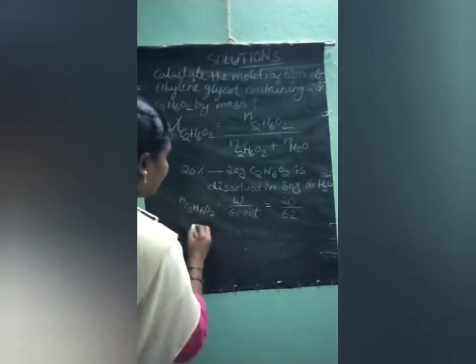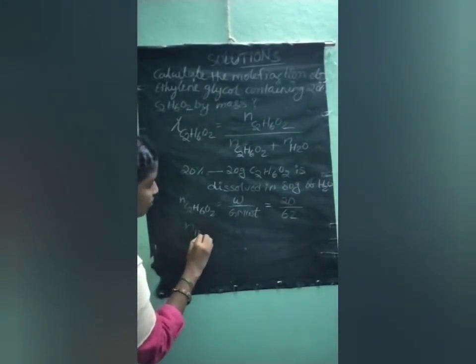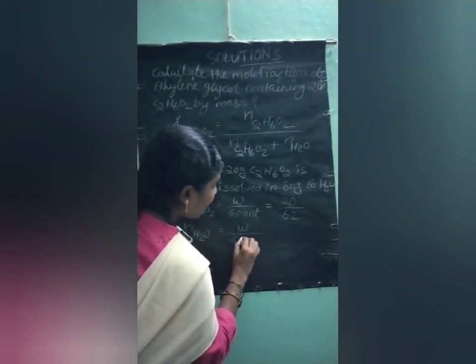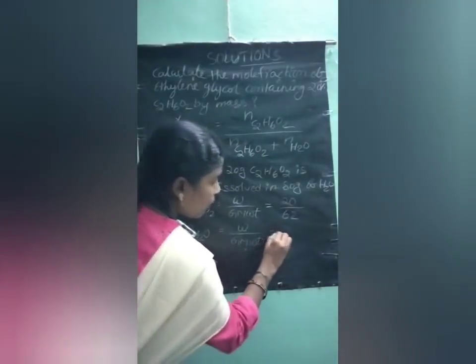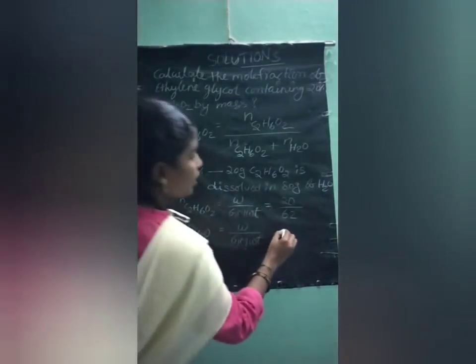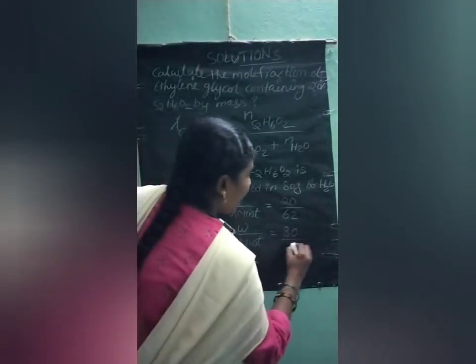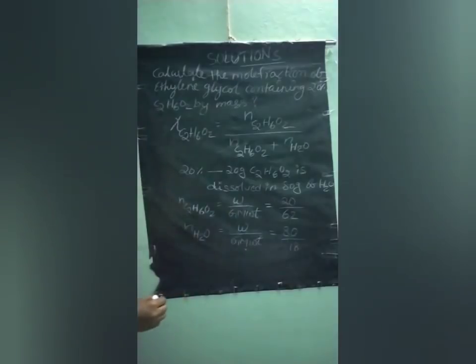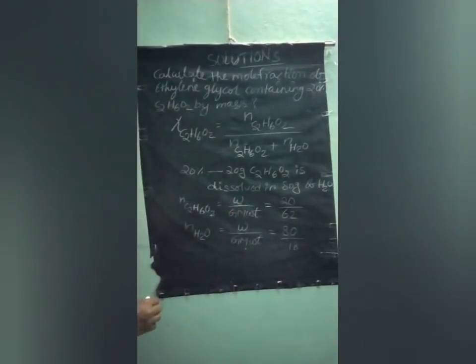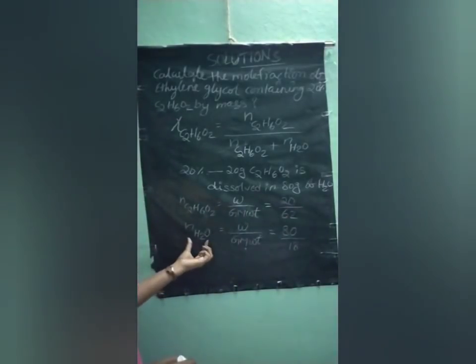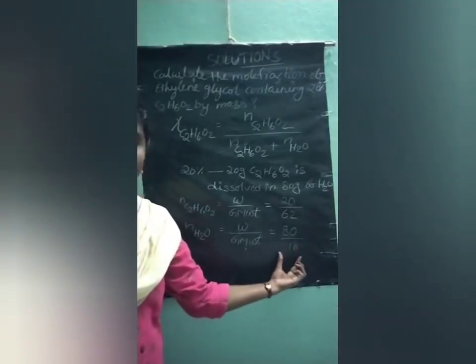Next, number of moles of water. Weight of the water divided by gram molecular weight of the water. Weight of the water is 80, so 80 divided by gram molecular weight of water, which is 18. We already saw this in the previous problem. Okay. So here number of moles of ethylene glycol is 20 by 62 and number of moles of water is 80 by 18.